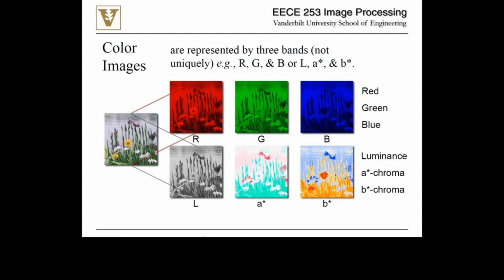They have different names because they have different bases and different ways to construct those components. But the idea is always the same. How many photons? What is the color of those photons? What are the wavelengths of those photons?